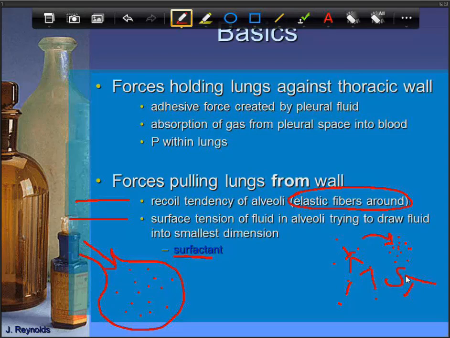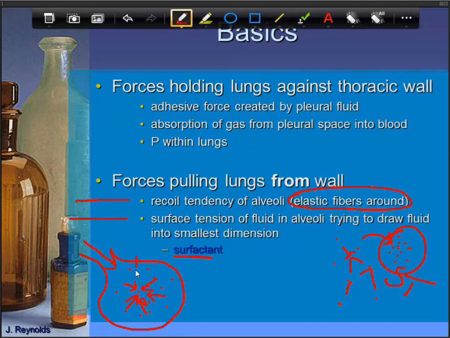Now, sometimes surface tension is good, but it's not good in the alveoli because of this change in the water molecules to pull inward towards each other. I can't really change my little water molecule patterns in my alveoli, but if you think about them all kind of moving in towards each other like this to try to cluster like they did over here, what would happen?